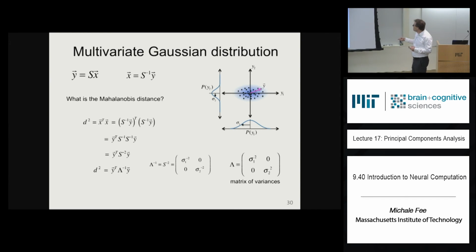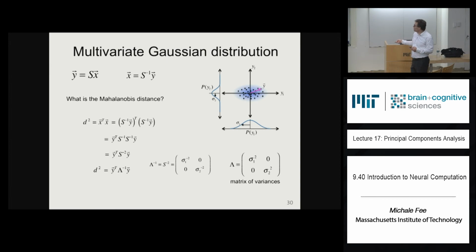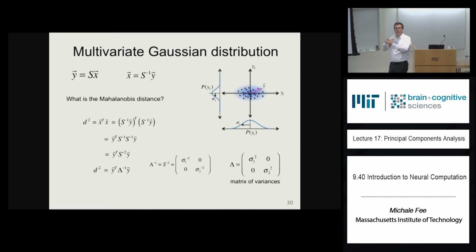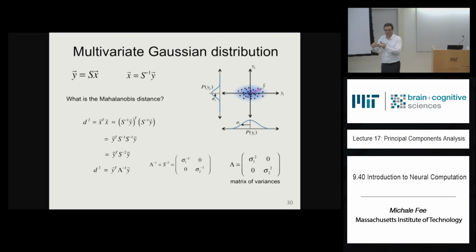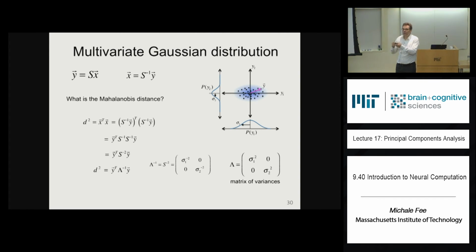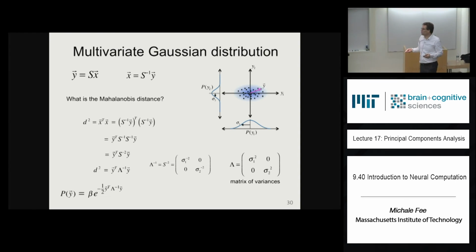Sigma 1 squared is the variance in this direction. Sigma 2 squared is the variance in this direction. I'm just showing you how you make a transformation of this vector x into another vector y to build up a representation of this effective distance from the center of the distribution for different kinds of Gaussian distributions.